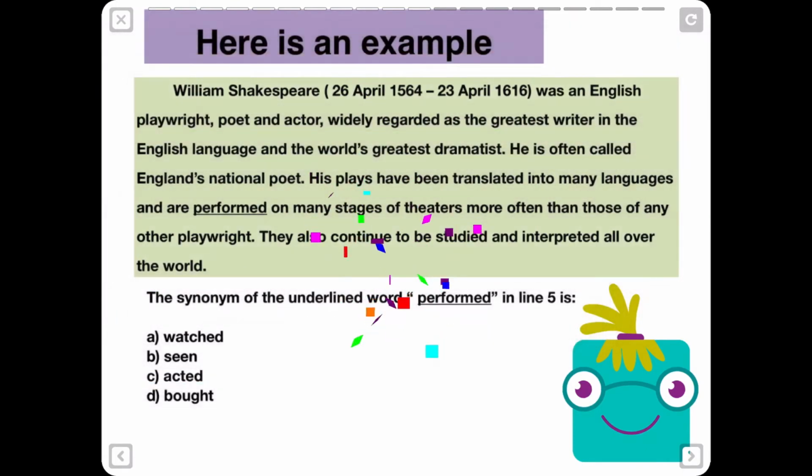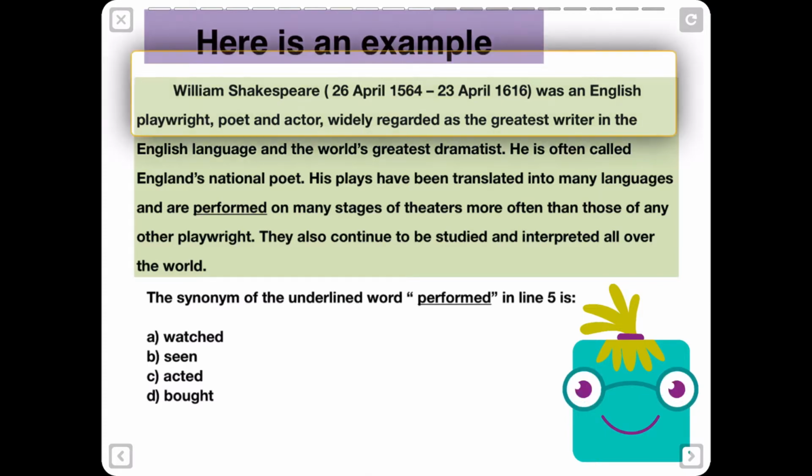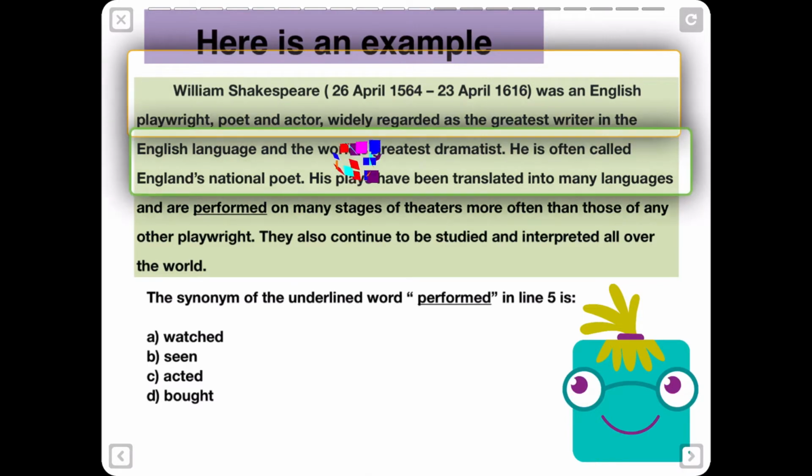William Shakespeare was an English playwright, poet, and actor, widely regarded as the greatest writer in the English language and the world's greatest dramatist. He is often called England's national poet.